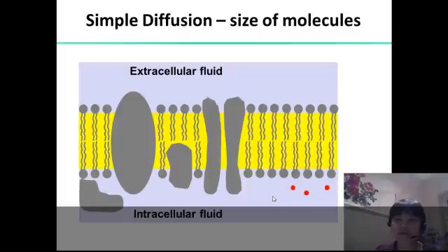They can cross the membrane very easily. If we have medium size molecules, they start to cross the membrane slowly, even bigger, even slower. Now, if we have a very big size of molecule, can they cross the membrane? No, it's too big. So this slide illustrates how the size of molecules matters with simple diffusion.